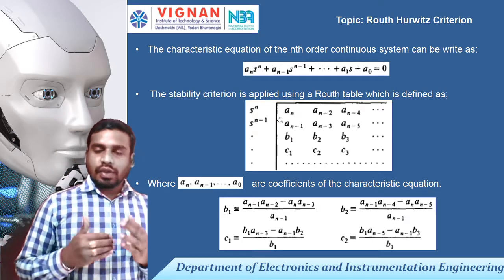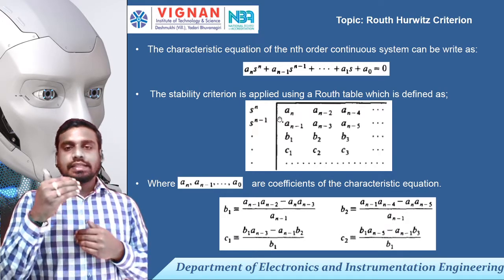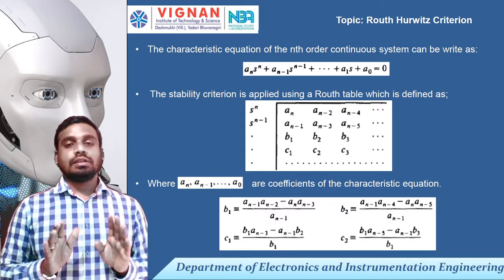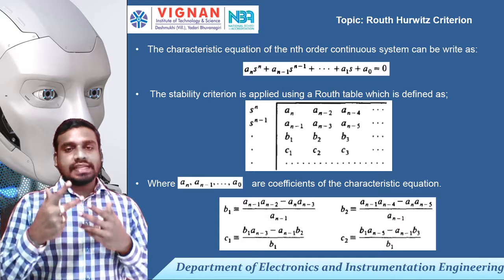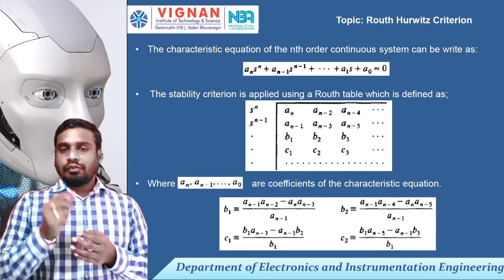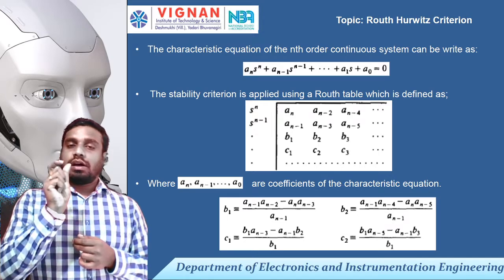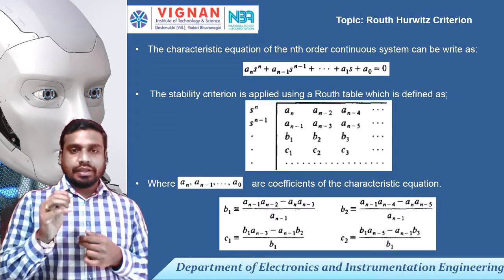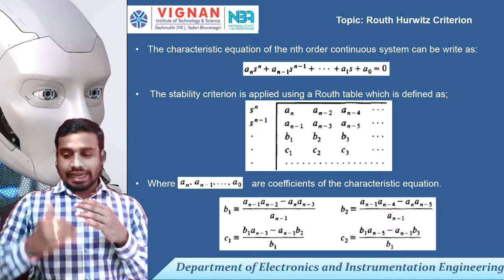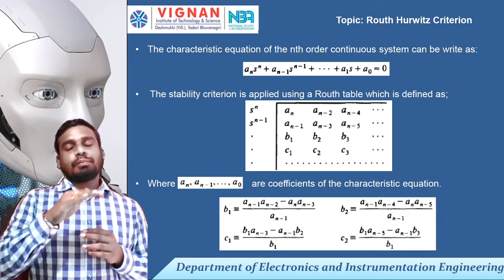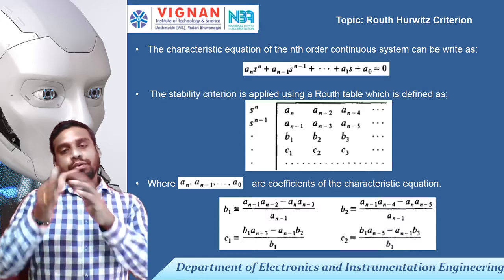So if you have one sign change, that means one root on the right half of the s plane, and the system is unstable. If you have a negative sign in between the rows, not at the end of the row, that means the sign changes from positive to negative, and again from negative to positive.